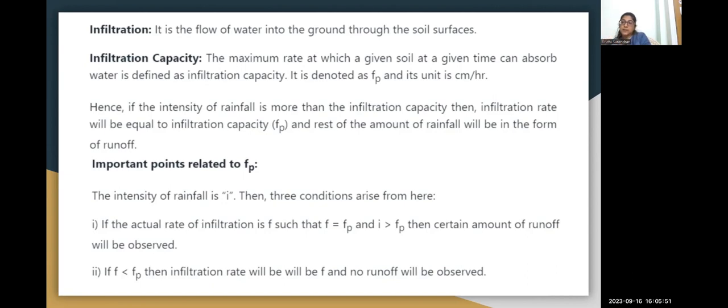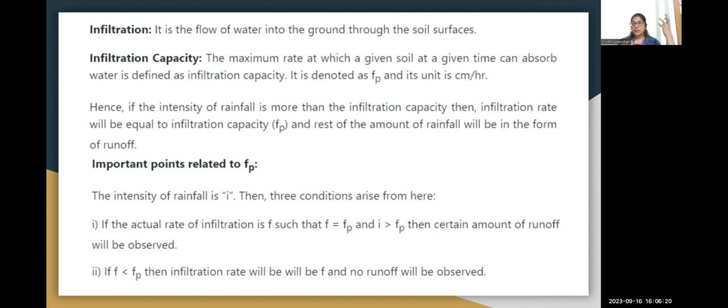Even then, only 2 centimeters of water will enter the soil in that 1 hour. The remaining 1 centimeter will stay back on the surface itself. It is not going to be able to come down into the soil. So infiltration capacity is the maximum rate a given soil at a given time can allow the water to enter. Now, that is a maximum rate. There is a particular rate with which water will enter. It is not always going to be the infiltration capacity.